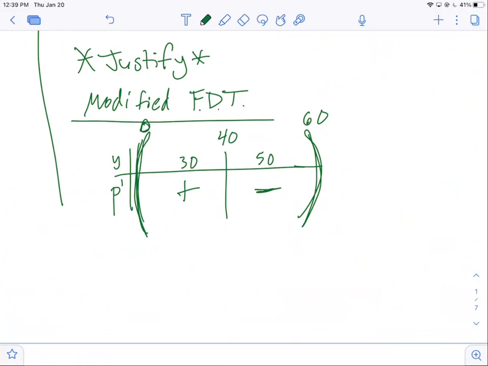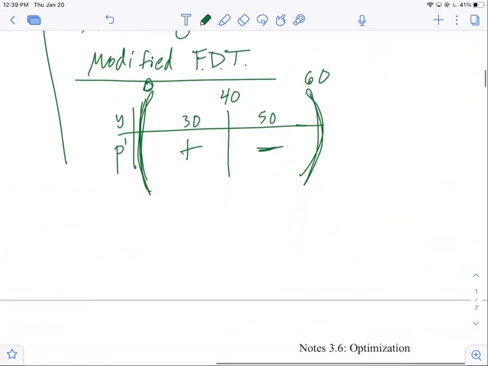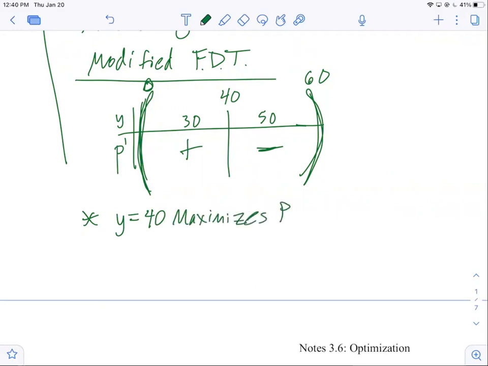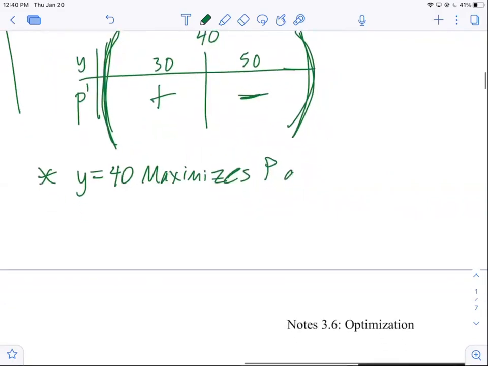So now all we have to do, the chart gives us no credit. If we had to justify, you could say y equals 40 maximizes p, and it's kind of nice to throw this word in here, absolutely, because it has a double connotation. For us, when we say absolutely, we mean the terminology absolute max, but it also has that je ne sais quoi in the English language. It maximizes p without a doubt.